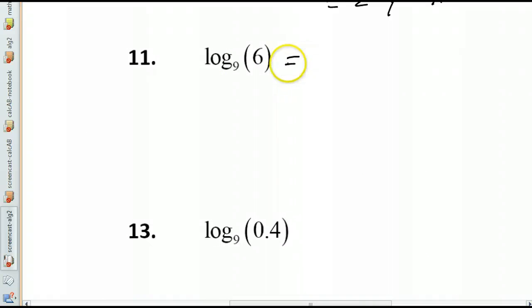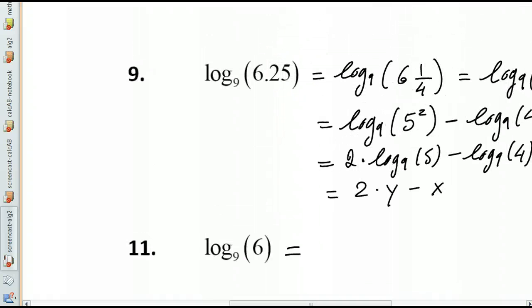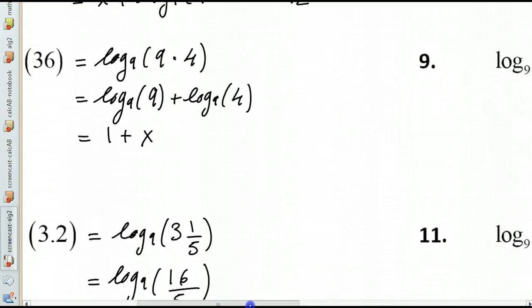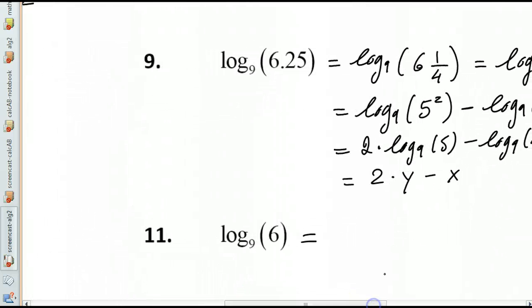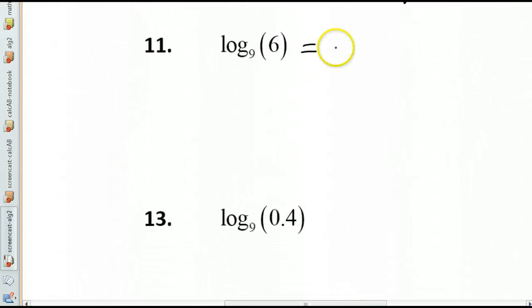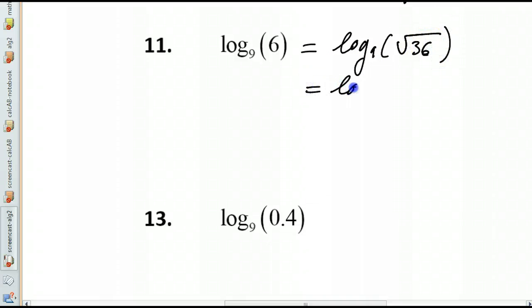Log base 9 of 6. Oh, wait. Earlier didn't we look at 36? Yeah, right here. Look at that. The log base 9 of 36 is 1 plus x. Well, therefore, that's easy now. What is log base 9 of 6? How do you write 6 with a 36? That's easy, right? It's square root of 36. And so it is log base 9 of 36 to the 1/2.